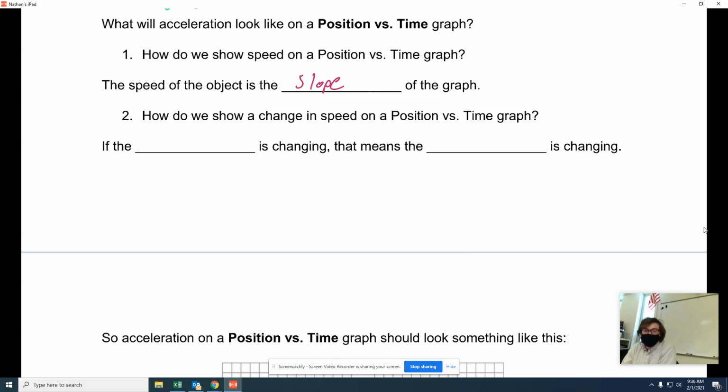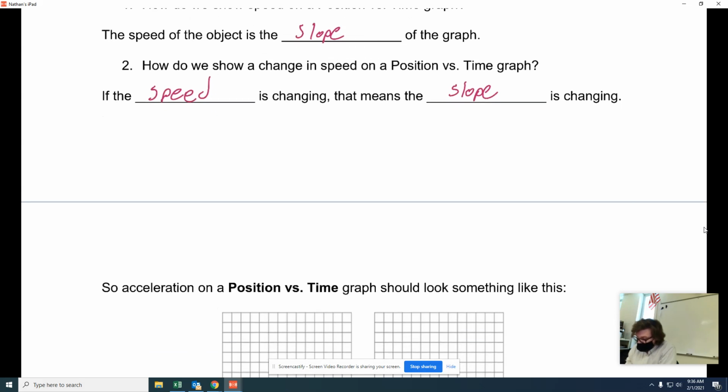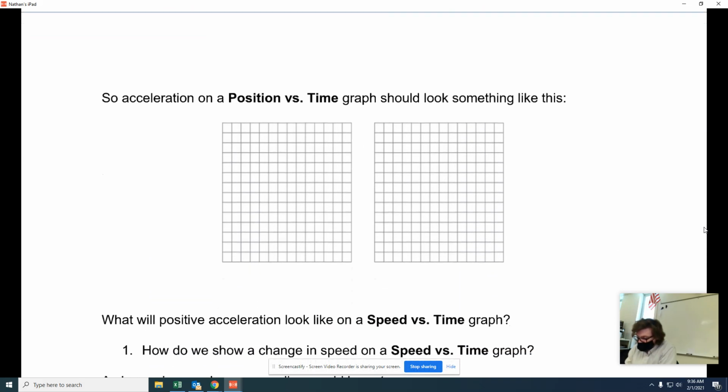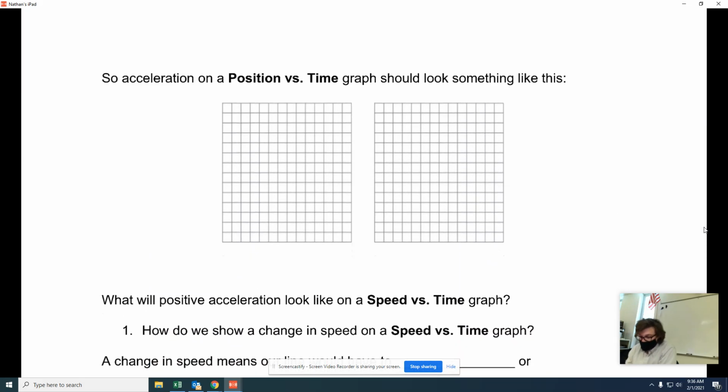So if we wanted to show a change in speed on a position versus time graph, let's think about that. If the speed is changing, that means that the slope should also be changing. So let's see what that looks like on a graph. Remember, when we're talking about acceleration, there are two different types that we're going to focus on.